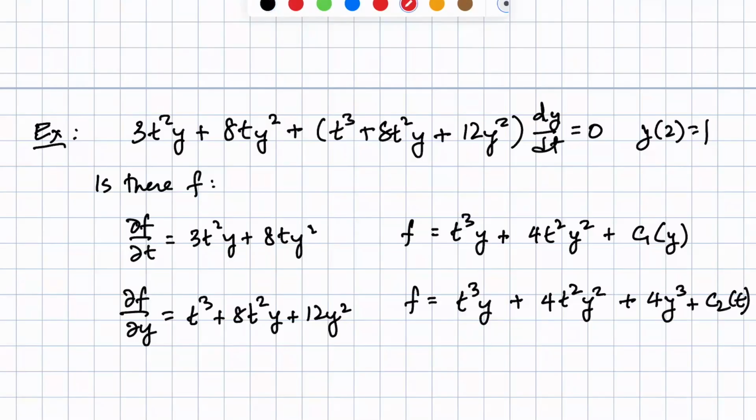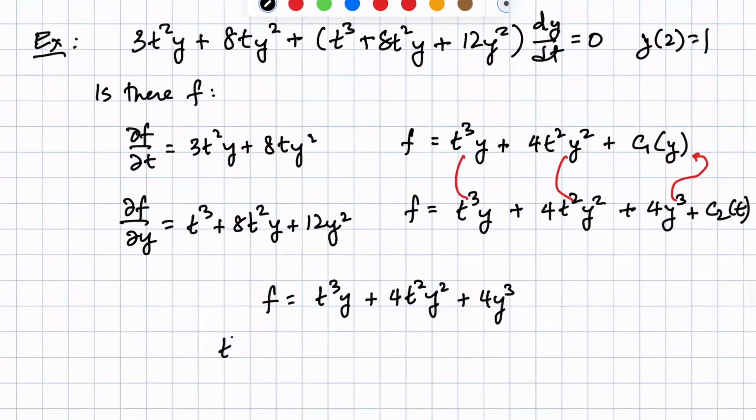If I compare the two, I see that these are the same, and that could be absorbed into that. So f is equal to t cubed y plus 4t squared y squared plus 4y cubed.